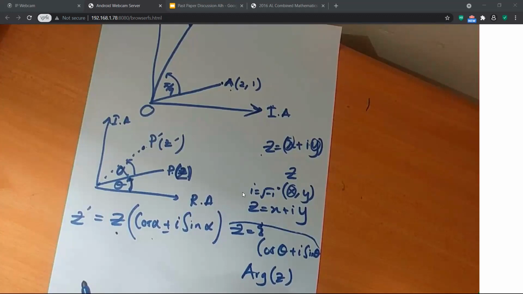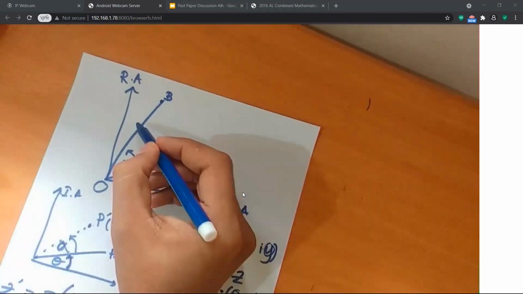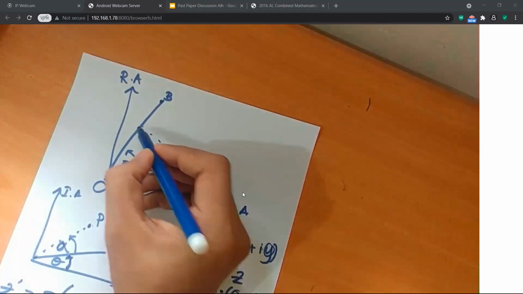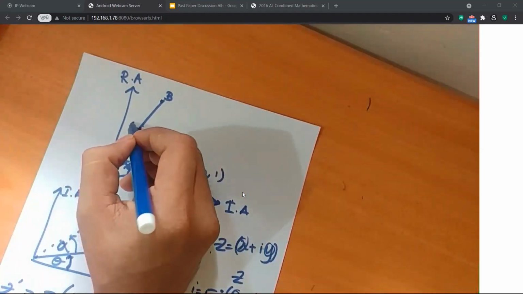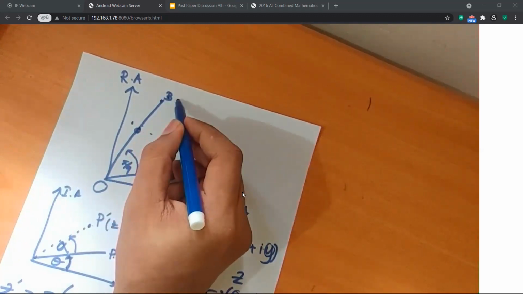Right. So now, this is given as twice OB. If we rotate this angle here, we'll get exactly the half point. So we'll first find this. If you rotate by this angle, we get the coordinate, the complex number of this.